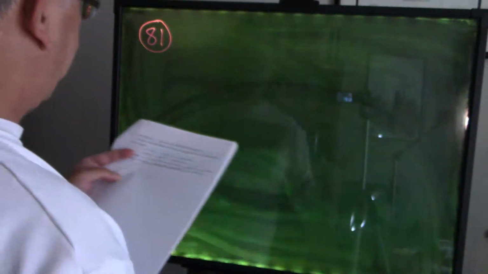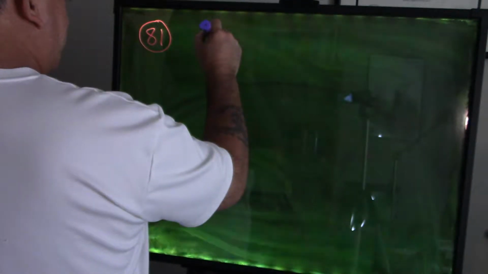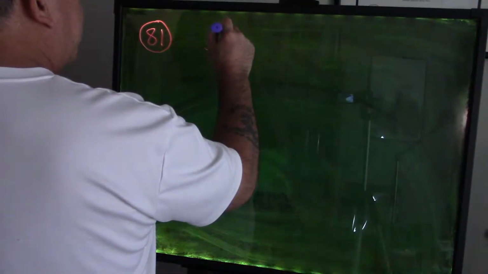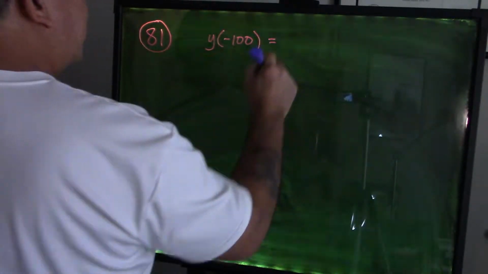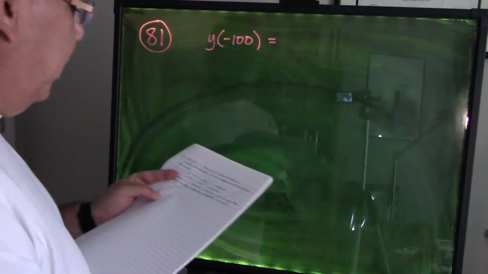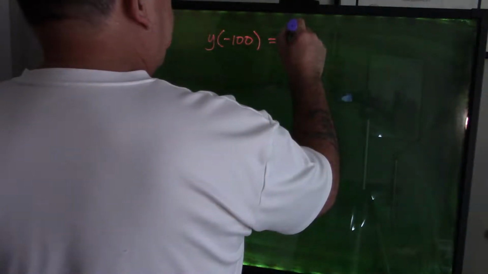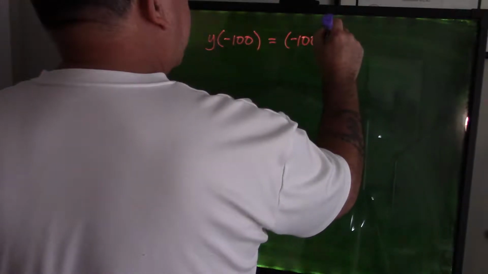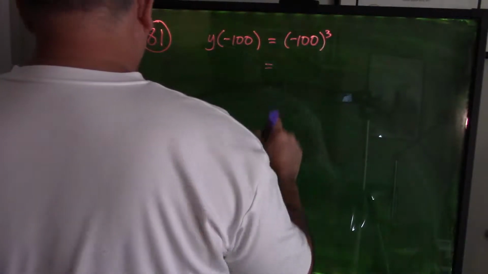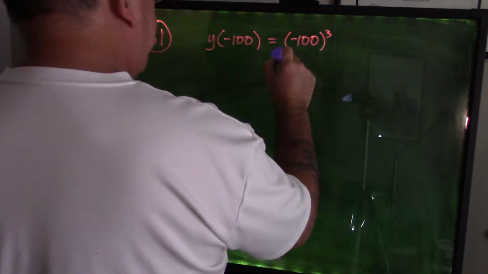You just evaluate the left and right endpoints, and let's try that. y of negative 100 equals negative 100 cubed, which equals negative 1 million.